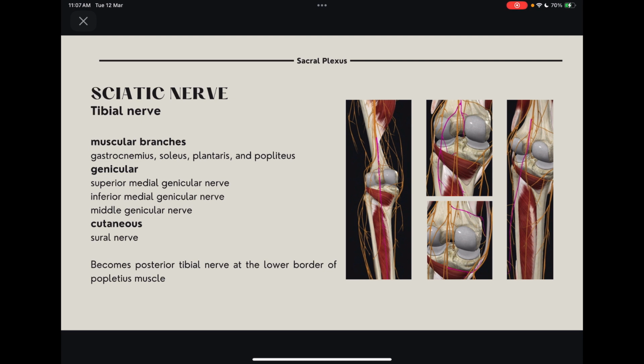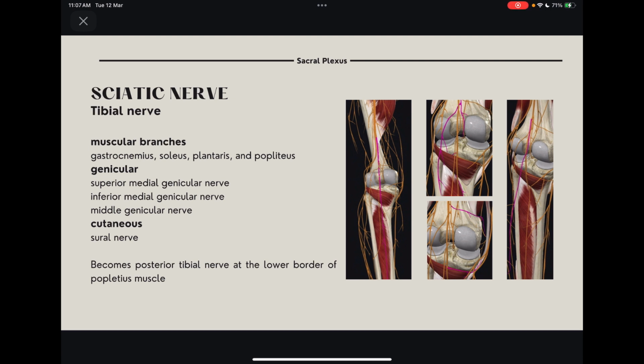It will also give genicular branches, which are the superior medial genicular nerve, the inferior medial genicular nerve, and the middle genicular nerve, which enters inside the joint. And it also gives cutaneous sensation, which is the sural nerve. The sural nerve is going to descend between the two heads of the gastrocnemius muscle, and it will pierce the fascia and appear superiorly.